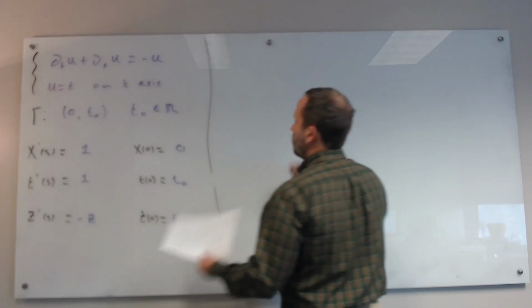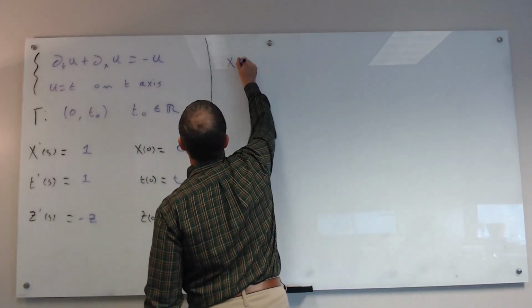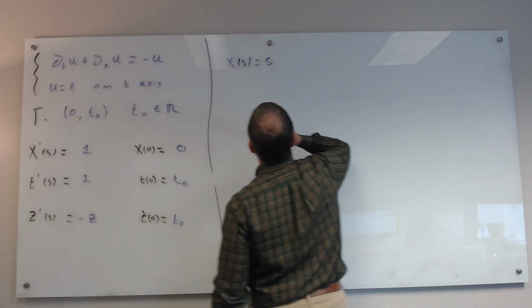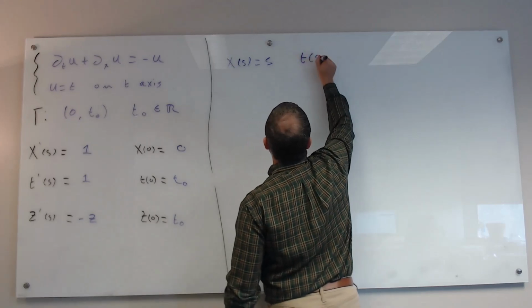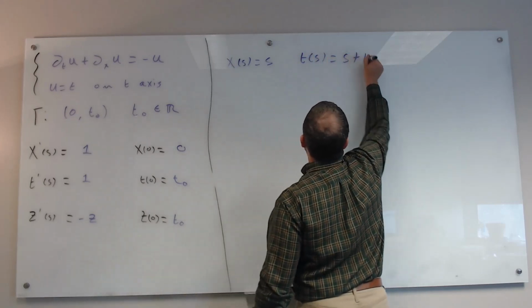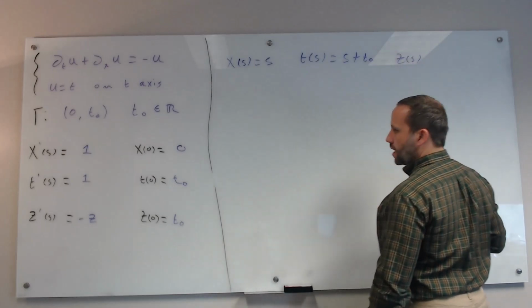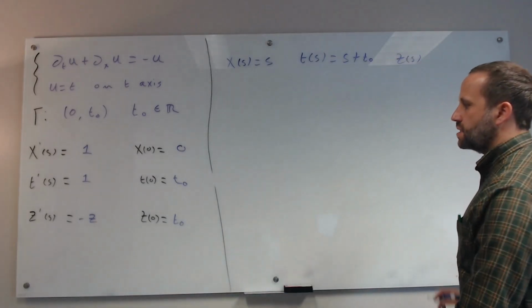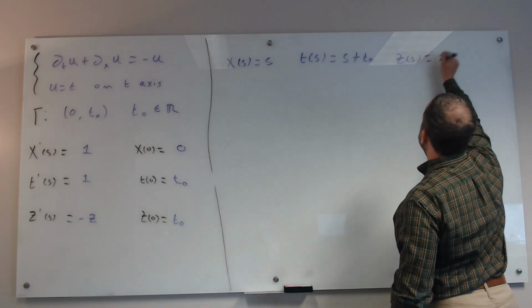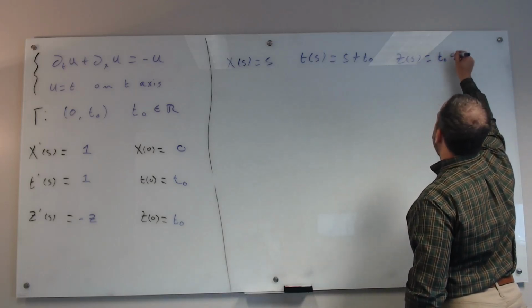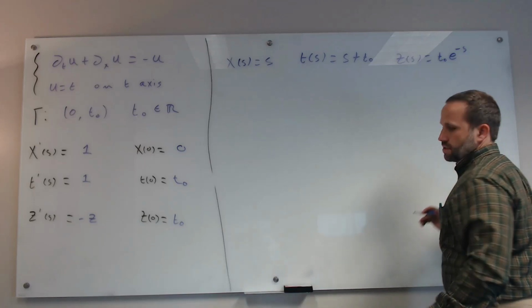X prime is equal to 1, x of s is equal to s. T of s is equal to s plus t naught. Z of s is going to be the new thing here. It's z prime is equal to minus z. The general solution is z of 0, which is t naught, e to the minus s. Okay.